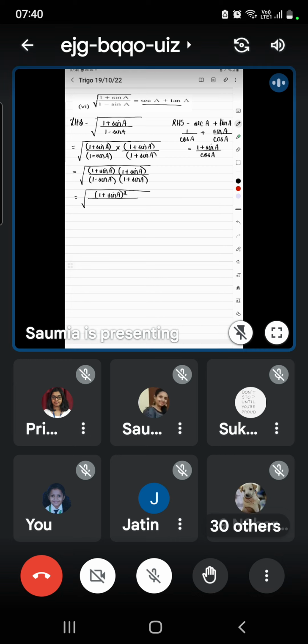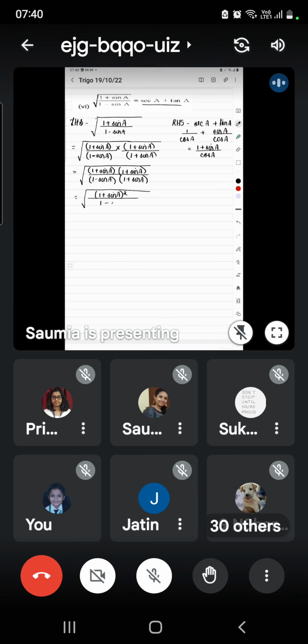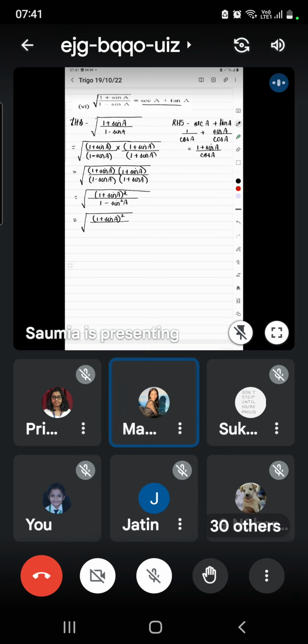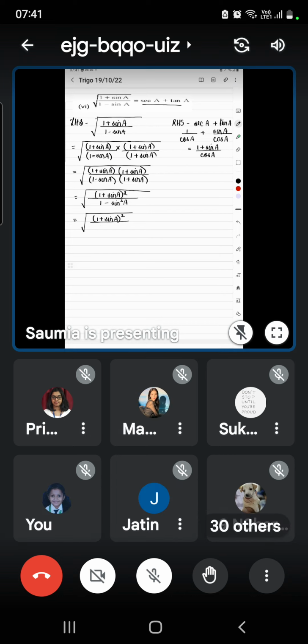Yes, it is of the form (A plus B) into (A minus B), so I can write it as A square minus B square. So what do I have? (1 plus sin A) the whole square upon 1 minus sin square A, which can be written as cos square.